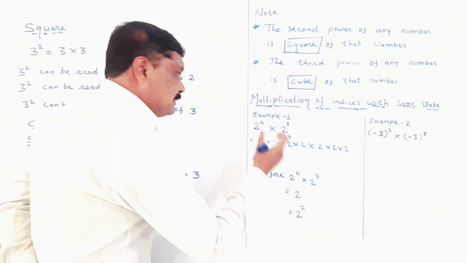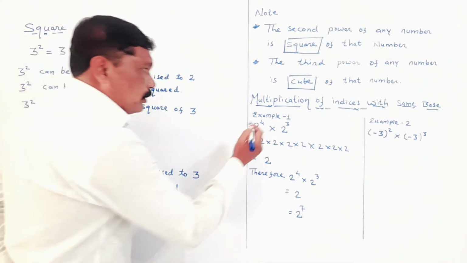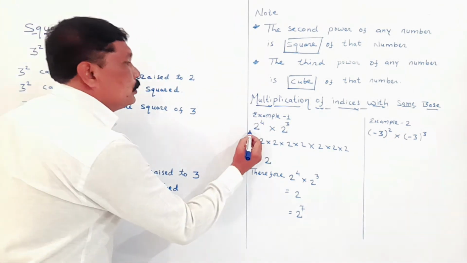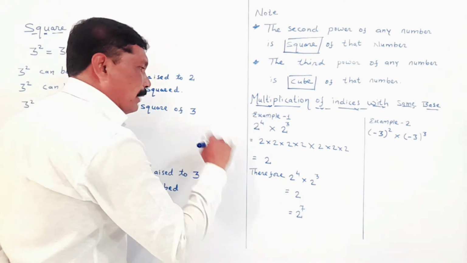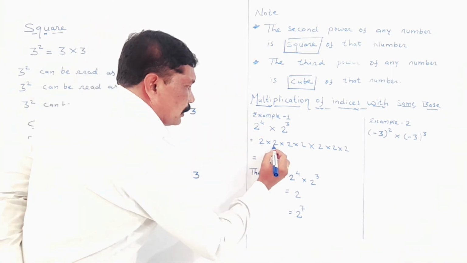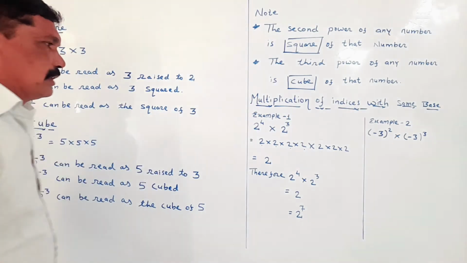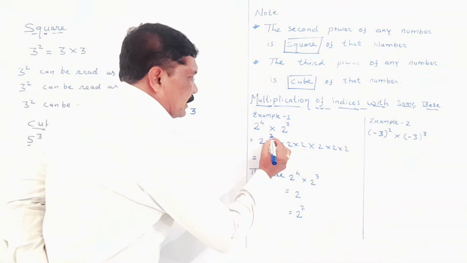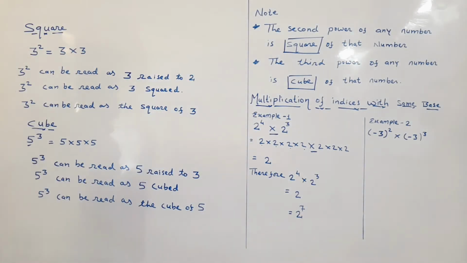And these two indices with the same base are multiplied.